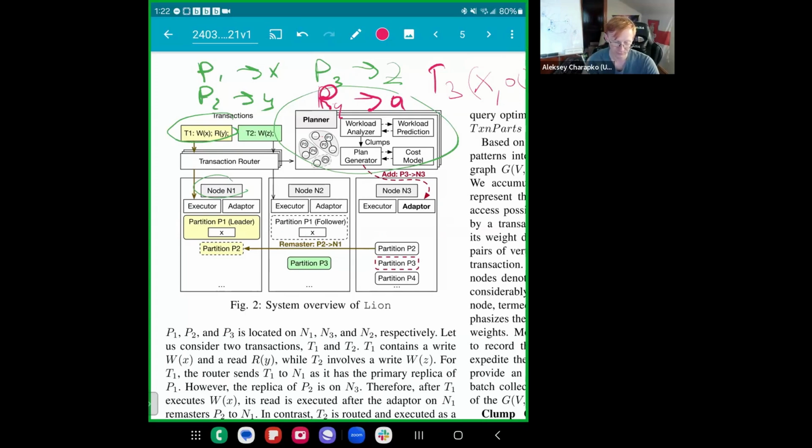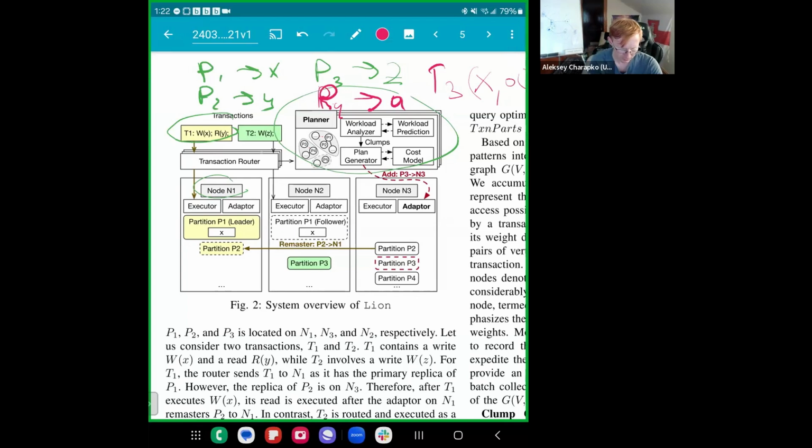So this planner, its job is to figure out the placement that will minimize the cost, right? To minimize the movement. So not only optimize the transactions in a sense that most of them will be local, either because all the partitions have the leader in the same place, or you can quickly migrate and whatnot. You want to make them as local as possible, and yeah, minimize the migration.